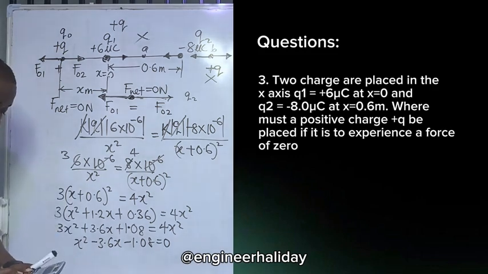If you solve using the quadratic formula, or solve through simultaneous equations, anyhow you want to solve it, you will discover that one will be giving us negative and one will be giving us positive. The one that gives us negative, we actually throw away.